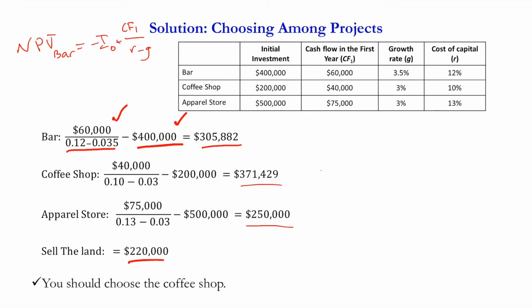Among these four options, the business with the highest NPV is the coffee shop. The NPV of running a coffee shop is 371,000, which is the highest among all these options. So we should choose to run the coffee shop.